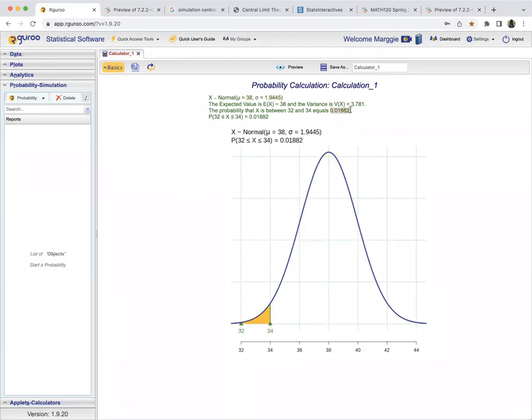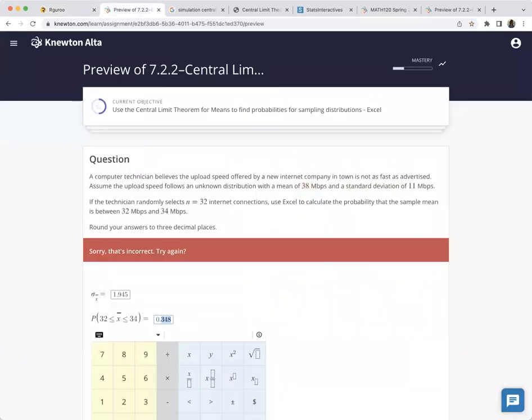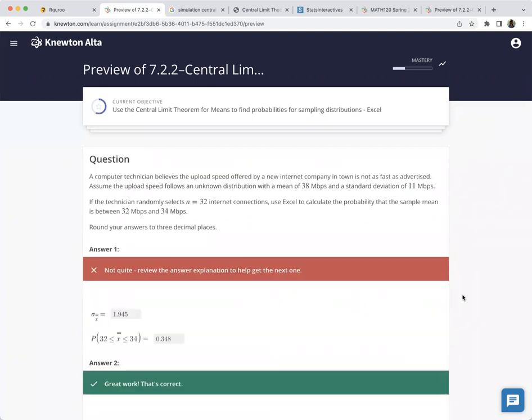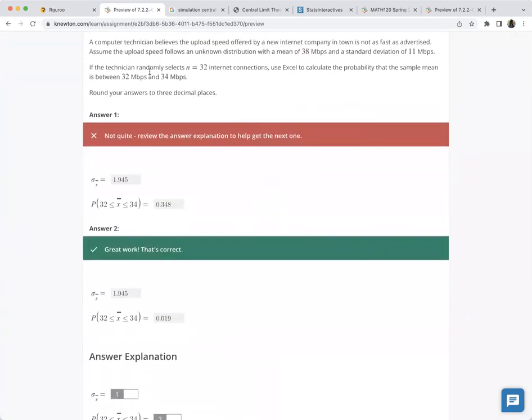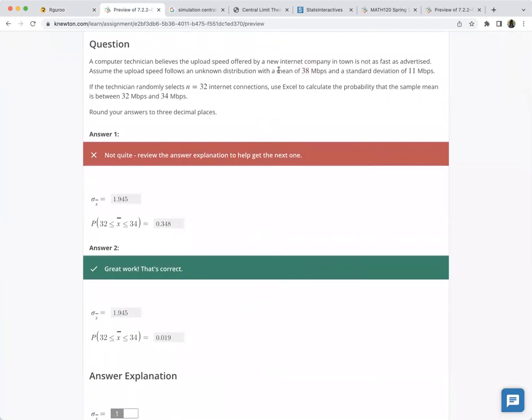And so this should be it. Right, and so 3 decimal places again, 1, 2, 3. And so this should be 9. And there we go. All right. I had the mean incorrect in RGuroo. It was supposed to be 38, and I don't know why I typed 32.